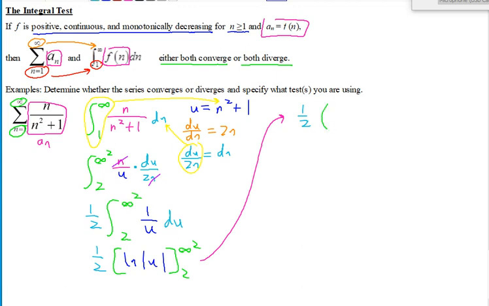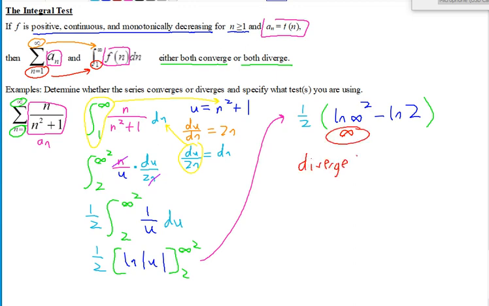In this case, both of them were positive, so the absolute value is not going to have an effect. Natural log of infinity squared minus natural log of 2. You can see this natural log of infinity squared, that's not going to cancel out with anything. That's just going to be infinite. And so since we get infinity here, that means this diverges.